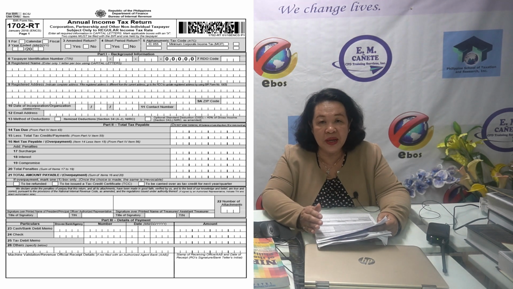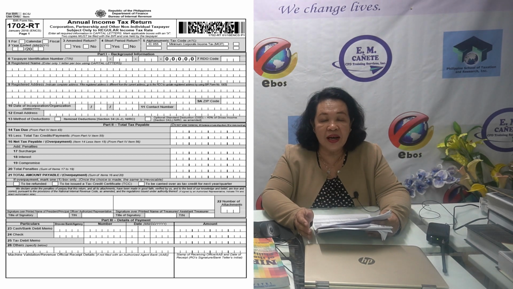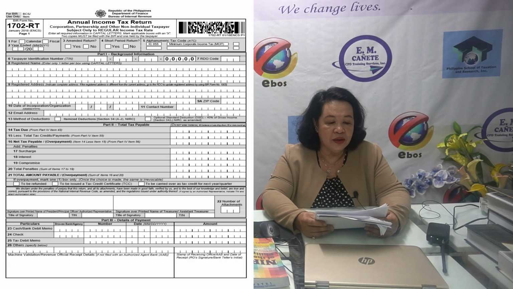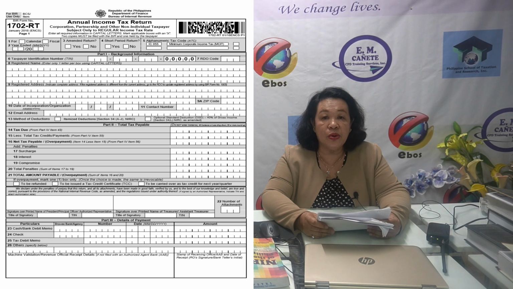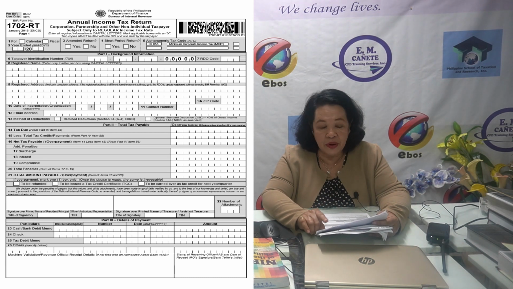The 12-month period is counted beginning with a month other than January, but it is still 12 months to comprise the one taxable year. Okay, so corporations have the option to use calendar year also. So if the corporation is using the calendar year, you check the box for calendar year, or you check the other box for fiscal year.